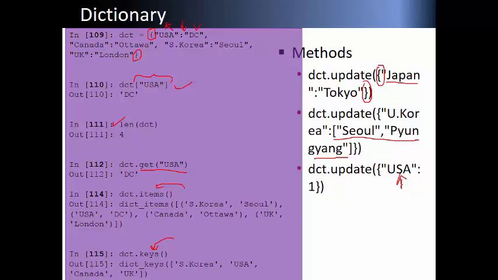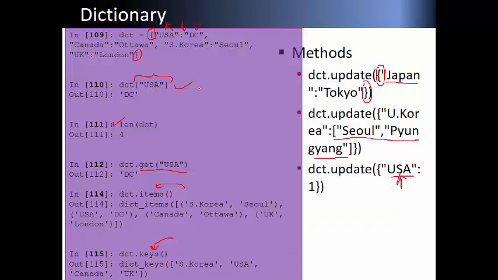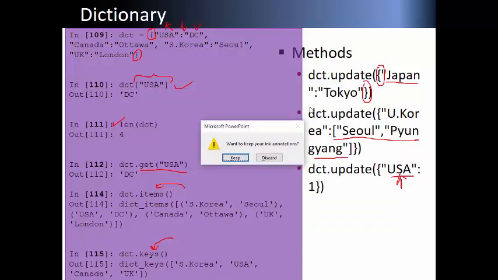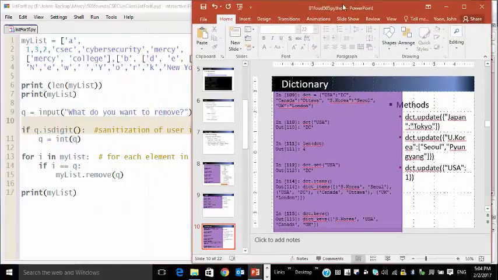But if you update it with a key that already exists, then that is a real update. So let's try the dictionary, because dictionary is important. We will work on it.